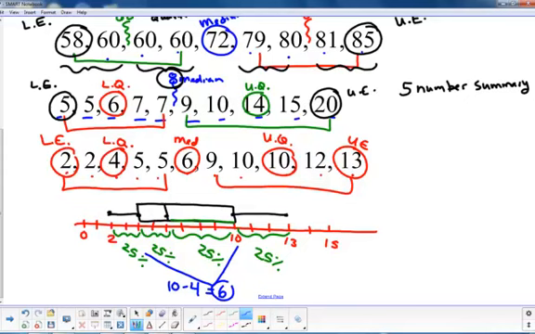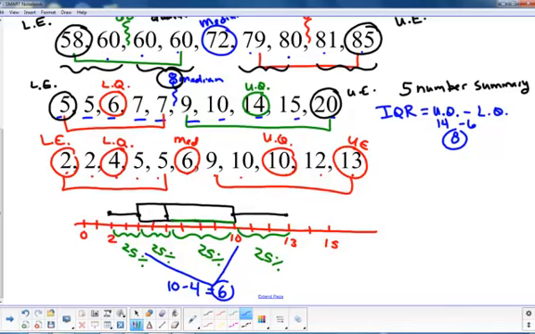Our interquartile range here, we can write that as IQR, would be our upper quartile minus our lower quartile. So that's 14 minus 6, which is 8.